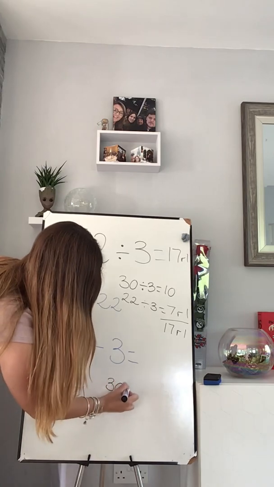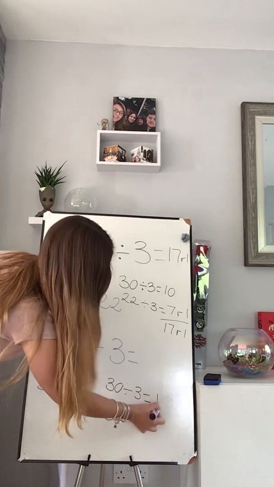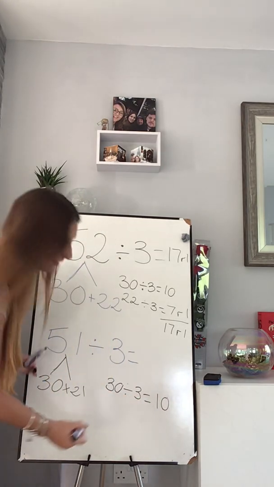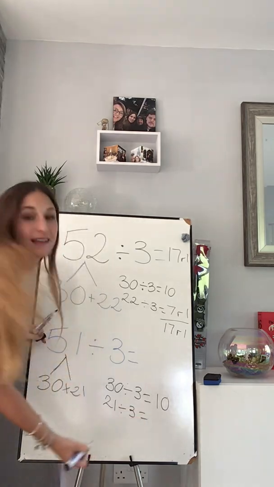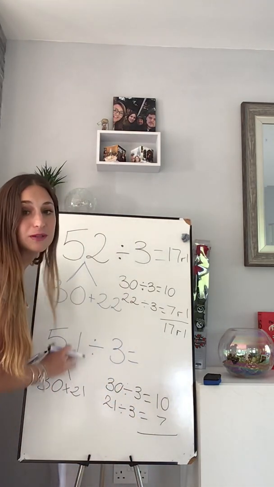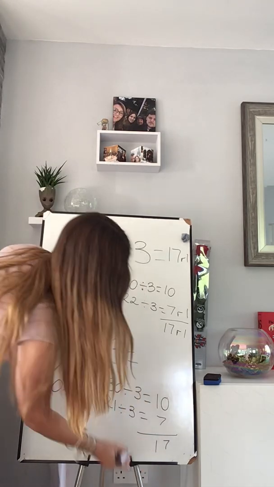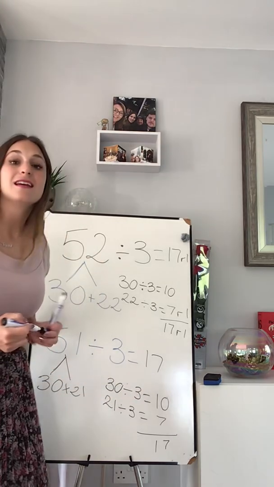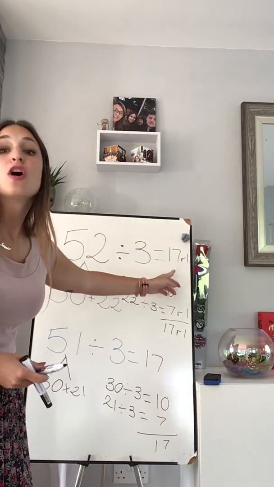Let's do it. 30 divided by 3 is 10, and 21 divided by 3 is 7. I partitioned it, now I'm going to put it together again. 17. Okay, so I'm sorry for that, but luckily I taught you how to do remainders on Monday.